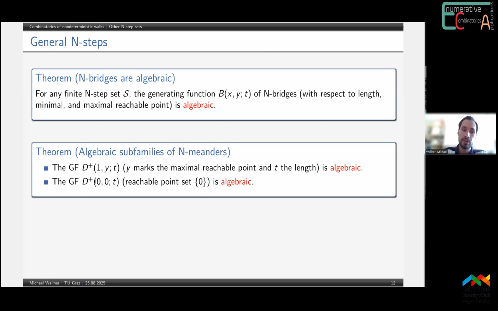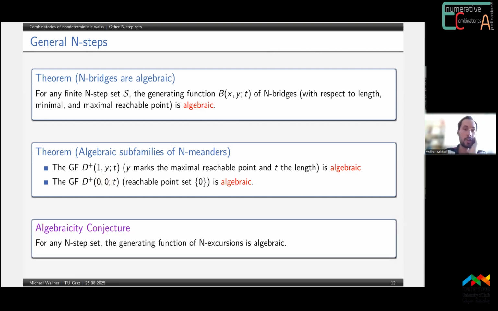For example, the ones 0, 0, which end with the min and the max both at 0. But we couldn't prove, but we conjectured, the algebraicity of n excursions. For n meanders, it's fine, because you would just substitute y equals 1. That's easy. But the algebraicity of n excursions, which is the interesting fact, we couldn't prove. We're quite optimistic that it's true, but we cannot prove it.